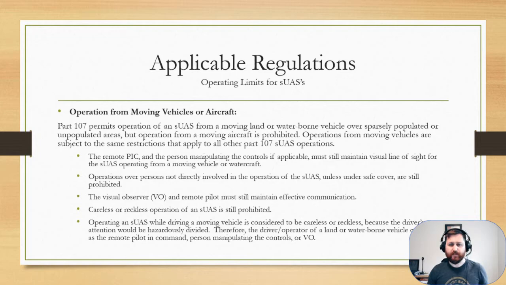It can be any ground, land, or waterborne vehicle. It is permitted under Part 107 to fly an sUAS from either of those options. However, it's not permitted to fly an sUAS while in an aircraft under Part 107. It's only allowed over sparsely populated or unpopulated areas.